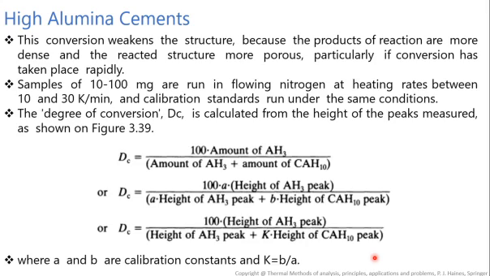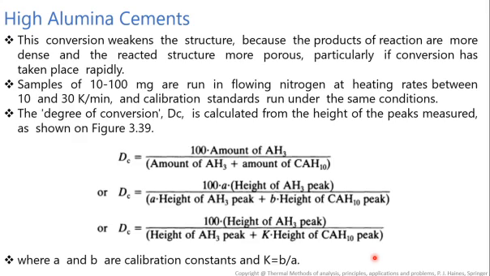Samples of 10 to 100 mg are run in flowing nitrogen at heating rates between 10 and 30 Kelvin per minute, and the calibration standards are run under the same conditions. The degree of conversion is calculated from the height of the peak which is measured. DC equals 100 times the amount of AH3, that is alumina trihydrate, divided by the amount of AH3 plus the amount of calcium aluminate decahydrate.